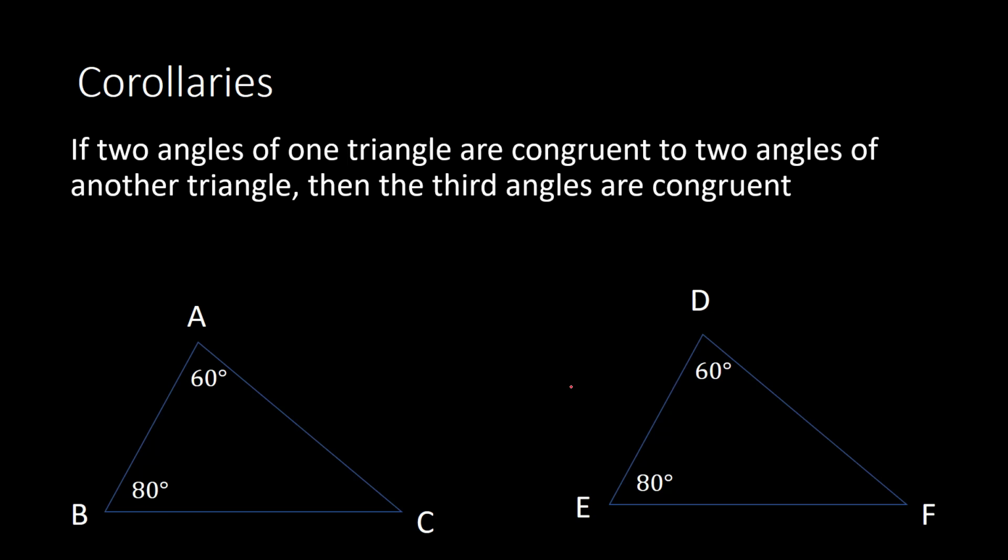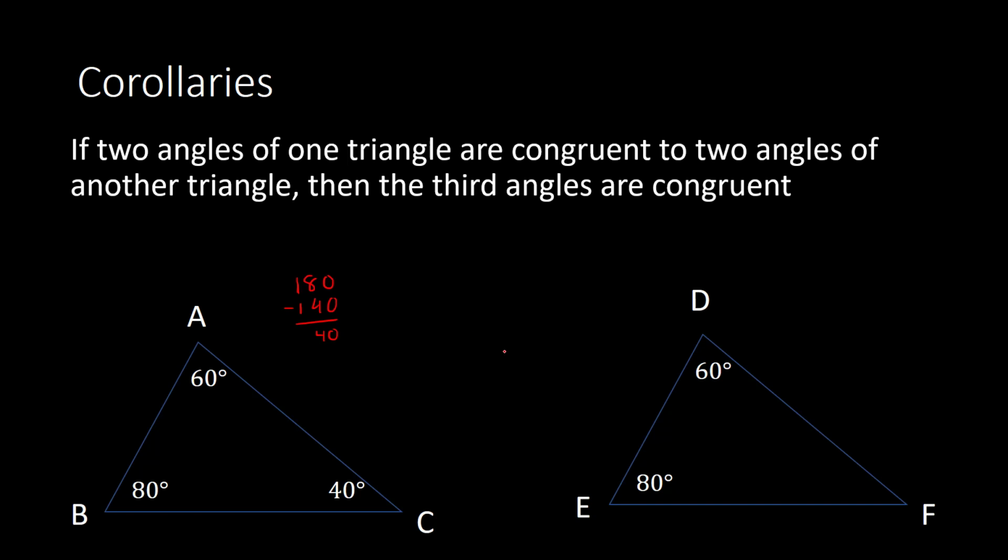Well then, with this picture, we can conclude that angle C and angle F must also be congruent, because we know a triangle has 180 degrees total, and right now we have used up 80 degrees plus 60 degrees to give me 140. So the remaining degrees we have left would be 40 degrees for angle C.